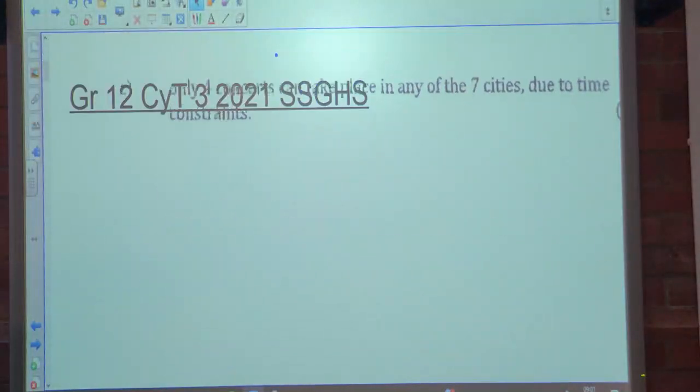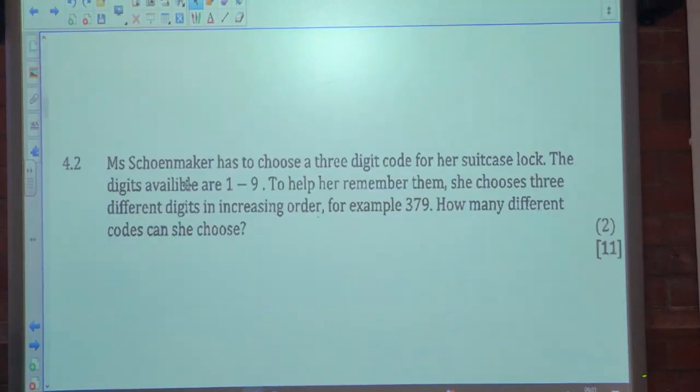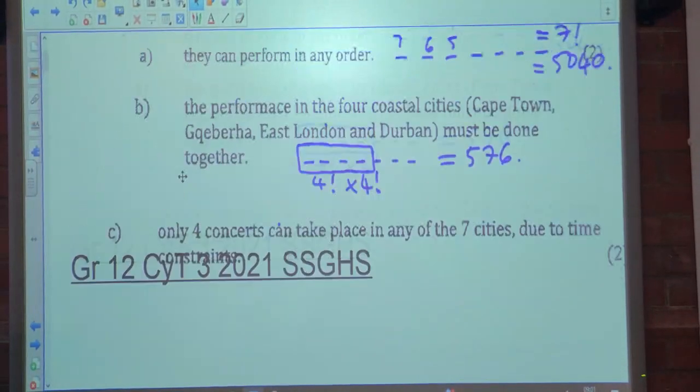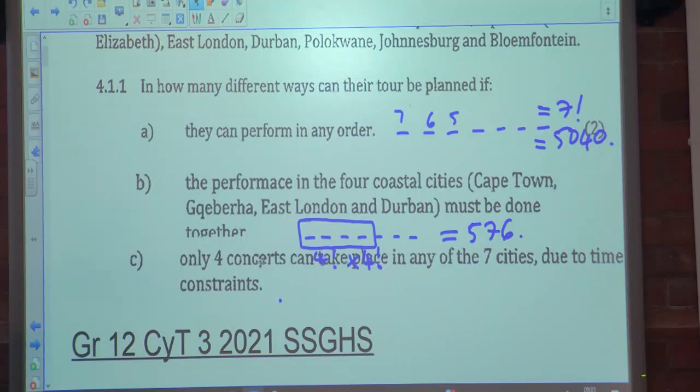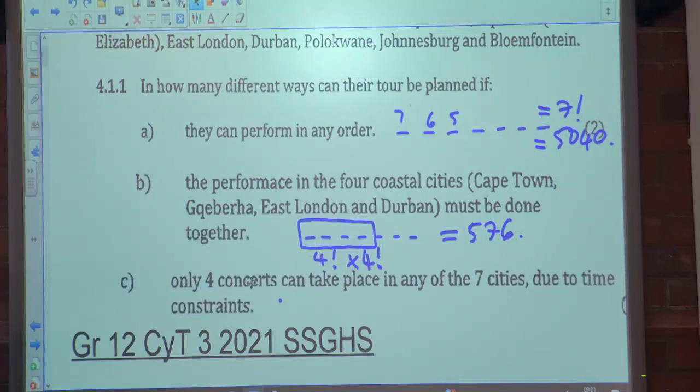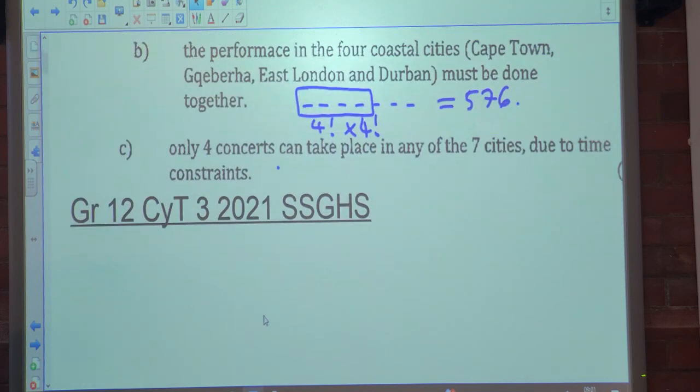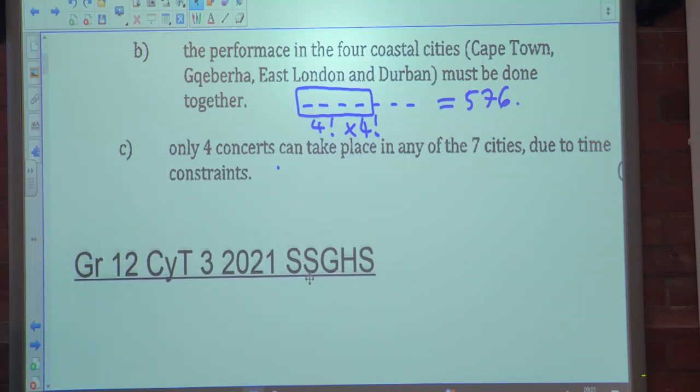Let's look at C. In C, for 2 marks, only 4 concerts can take place in any of the 7 cities due to time constraints.